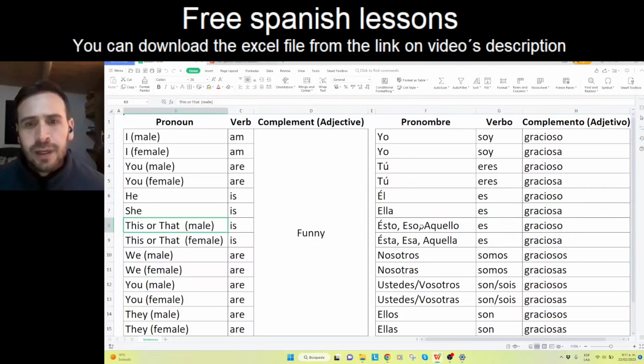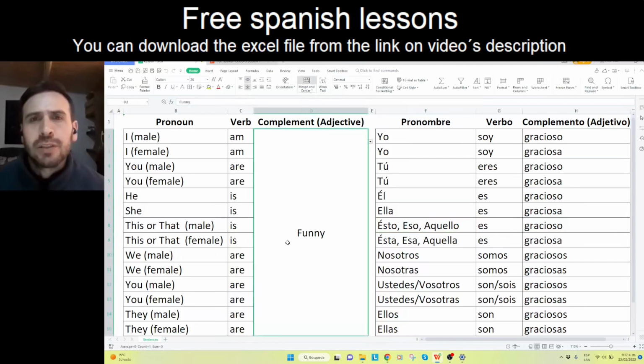Now, if you're talking about a situation that is funny, you can say that is funny. Eso es gracioso. You can also talk about an animal that is funny, and in this case, the animal is a female.